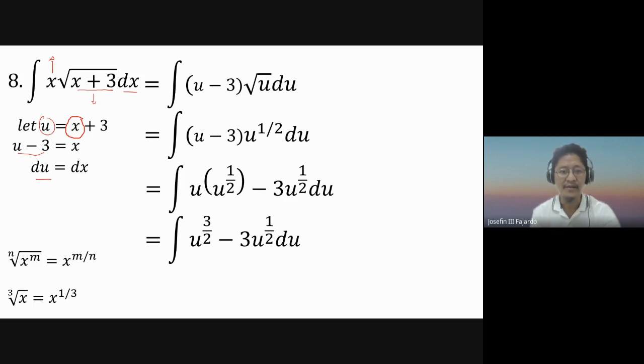Okay, now with this, since this is just u to the n na lang, we can proceed with integration. So yung 3/2 plus 1, kaya nagkaroon tayo dito na 5/2. And then I have the 5/2 denominator. Ito namang 1/2, I added with 1, kaya nagkaroon tayo dito ng 3/2 over the same denominator. And then the -3 is just there.